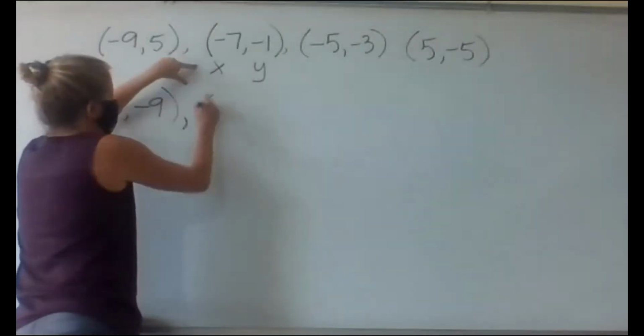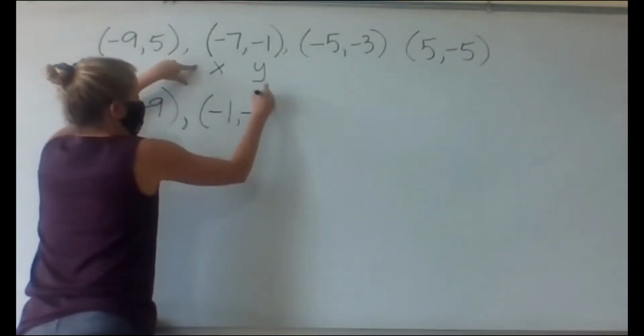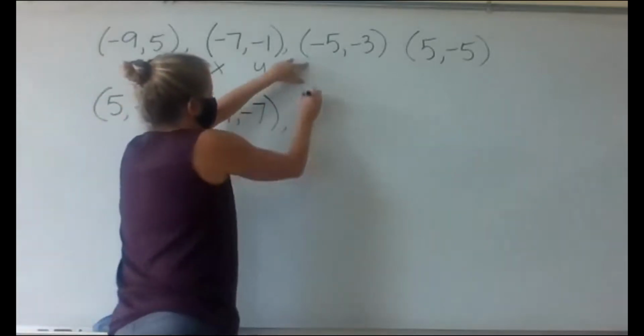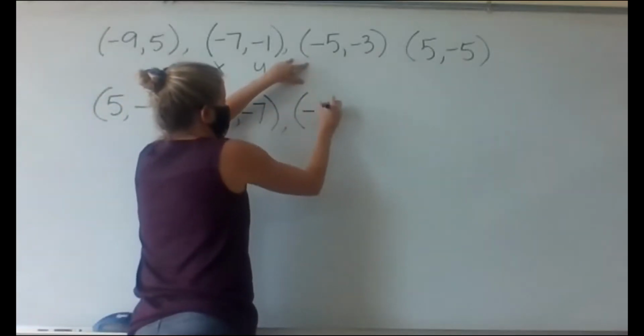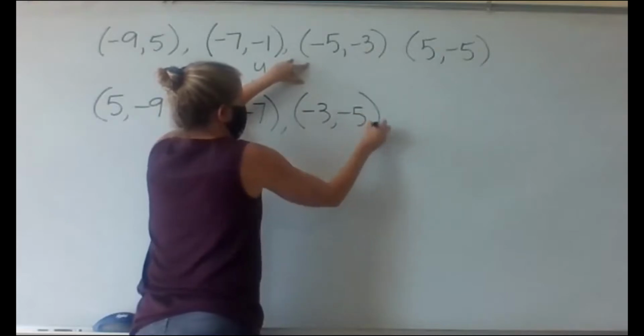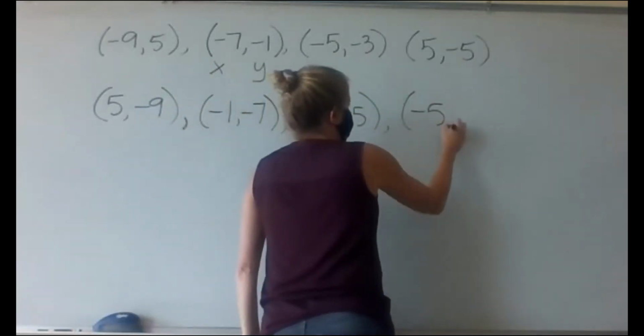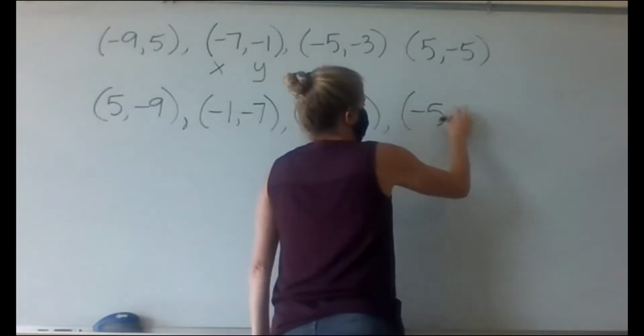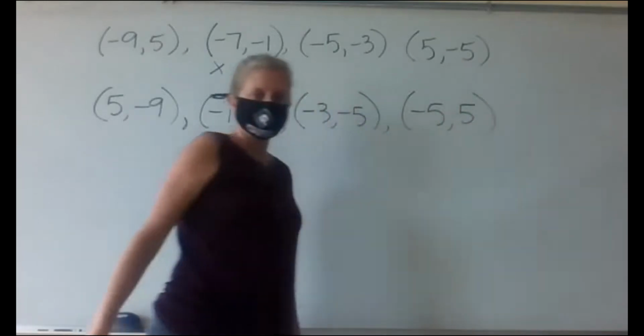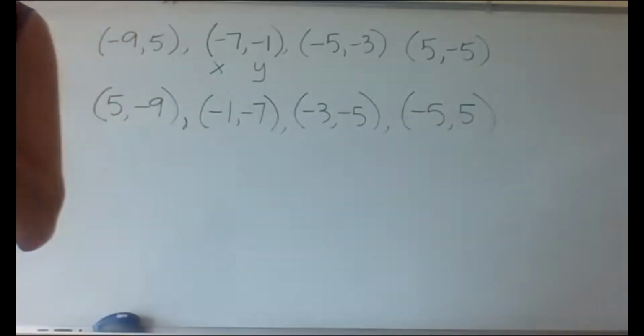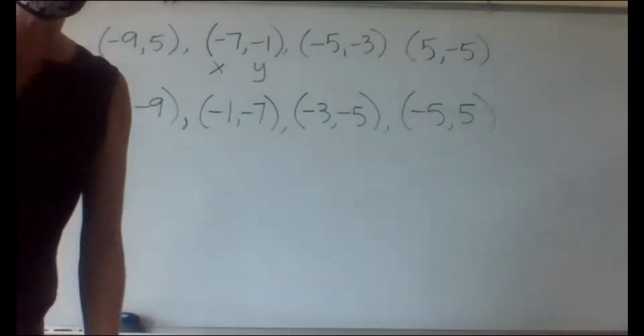Switch the x and the y here. So -1, -7, comma. Switch the x and the y. So -3, -5, comma. Switch the x and the y. -5, 5. That's all you do on number 1.